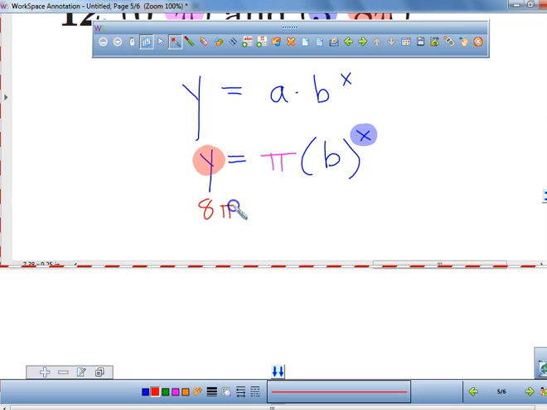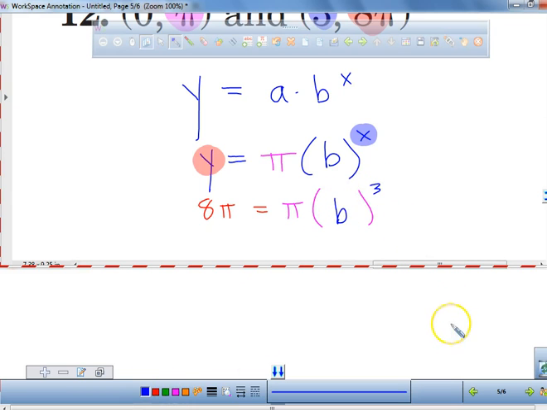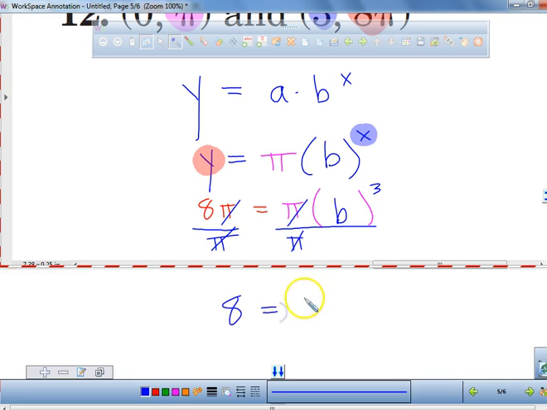So we have 8 pi equals pi times B raised to the power of 3. Divide both sides by pi. The pi's will cancel each other out. 8 is equal to a number raised to the power of 3. So some number in the world raised to the power of 3 is the number 8.